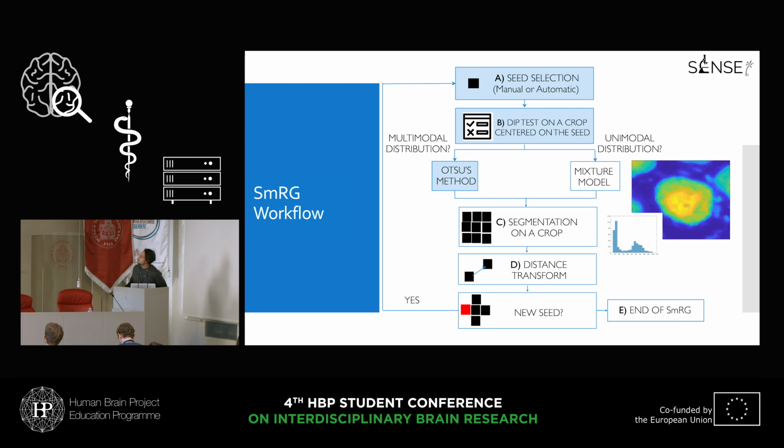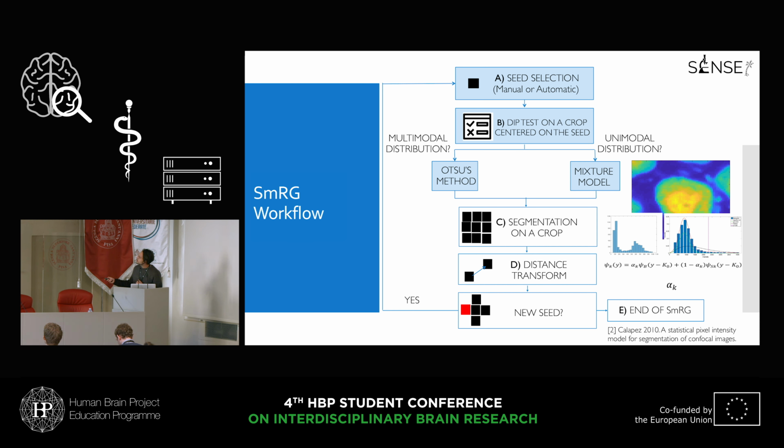In case of multimodal distribution, the segmentation proceeds with the standard Otsu method. Otherwise, a mixture model is fit on the data, since the foreground and the background may be mixed. The model uses a Gaussian distribution for describing the background statistics and the negative binomial distribution for describing the foreground.